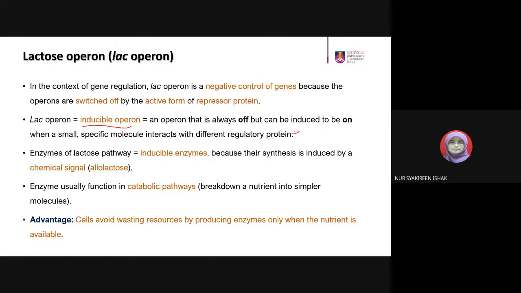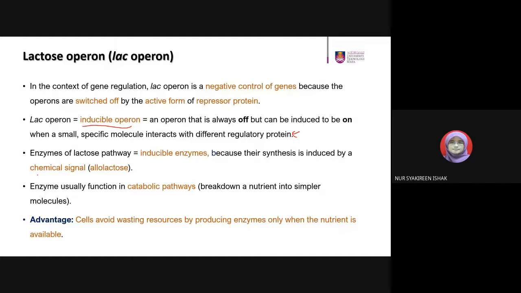Regulatory protein in this case is the repressor protein lah. Enzymes of the lactose pathway are inducible enzymes, because their synthesis is induced by the presence of allolactose, a chemical signal.